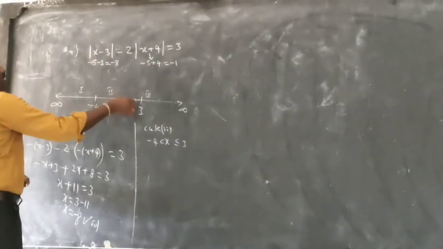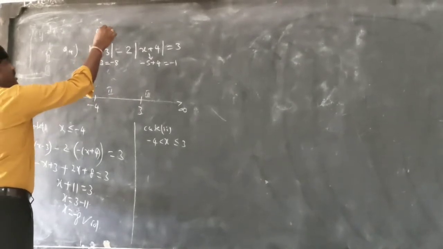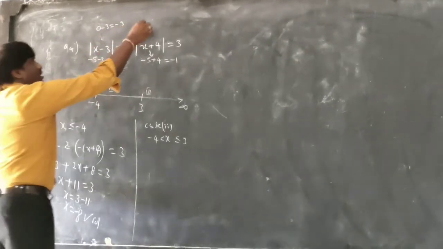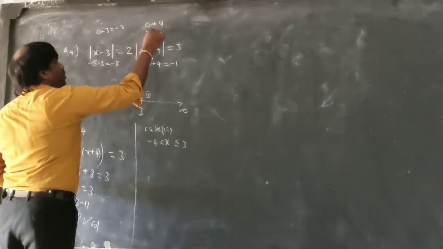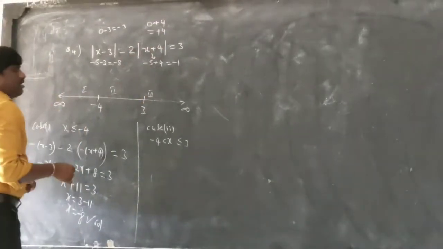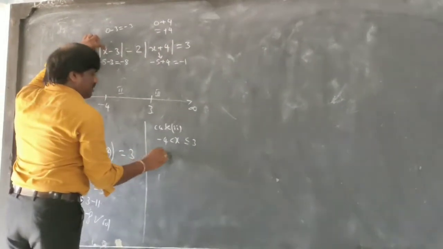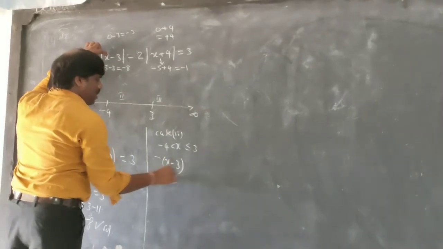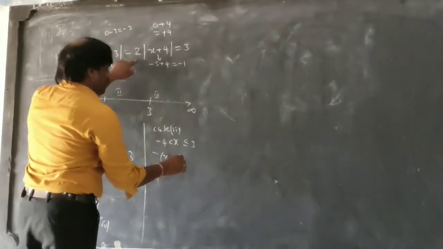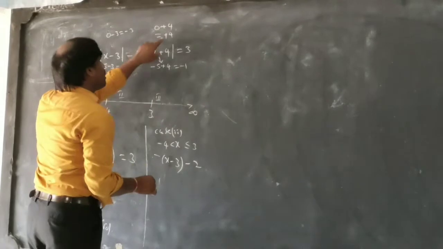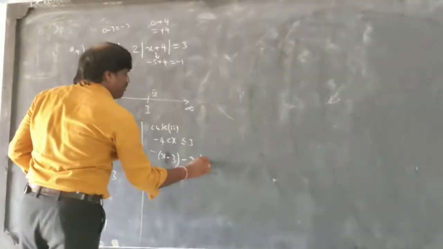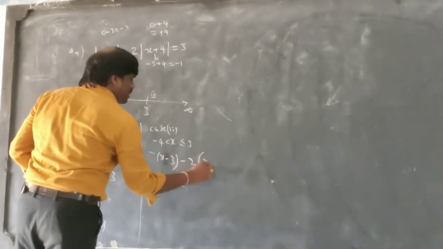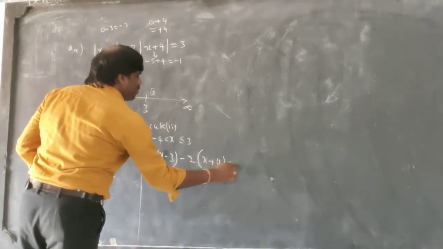0 minus 3 is minus 3, negative. 0 plus 4 is 4, positive. So here this will open negative, negative of (x minus 3), and this one will be minus 2 into positive of (x plus 4) is equal to 3.